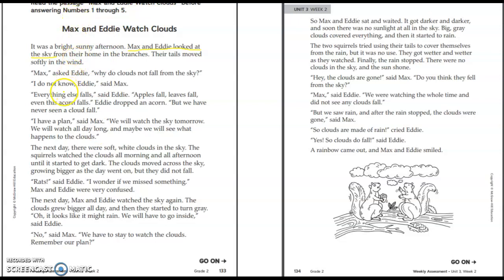Oh, I see. In paragraph 5, I have a plan. So it looks like the next thing they do is they're making a plan. And what I'm doing is I'm underlining my text evidence. My text evidence is my clues that kind of give away the answer.